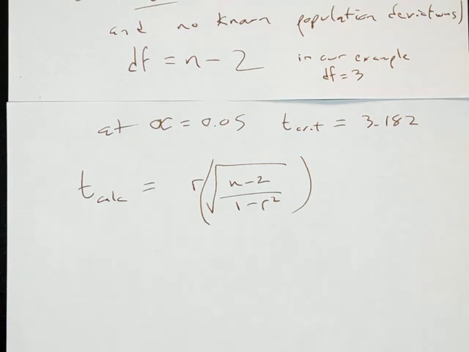Now, let's do this for our number. Okay, what was our number again? I go back to Excel and I see that our correlation coefficient was, I'm going to call it negative 0.733.